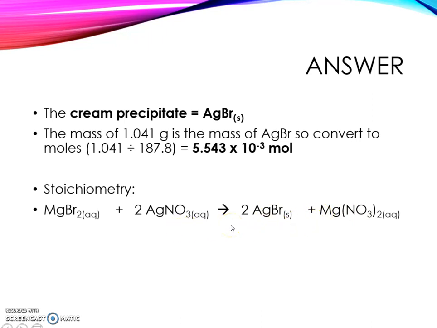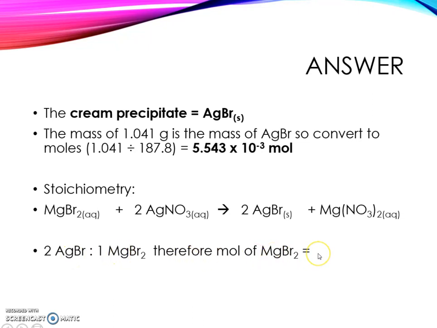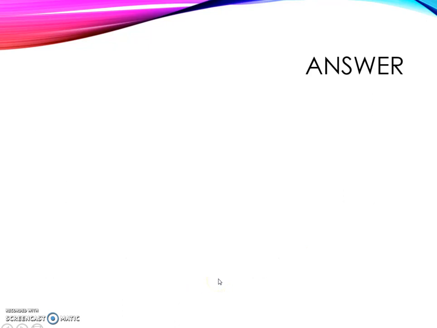So the stoichiometry of magnesium bromide to silver bromide is that you've got twice as many moles of silver bromide than magnesium bromide. So therefore your moles of magnesium bromide is 5.543 times 10 to the minus 3 divided by 2, or multiplied by a half, which gives you a number of 2.772 times 10 to the minus 3 moles. So you've got your number of moles of magnesium bromide.